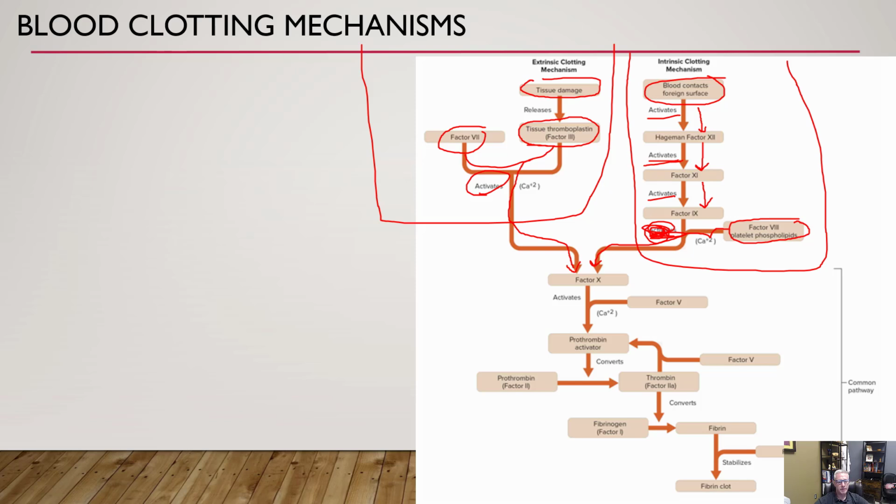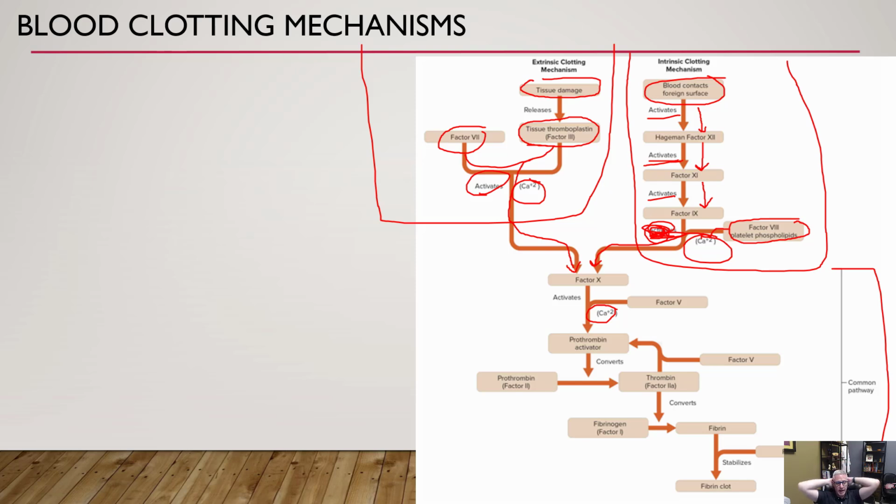All right. So then we have down here the common pathway. And you can see how calcium is big, involved in the intrinsic, extrinsic, and final pathway. All right, so some key concepts that I want you to remember.